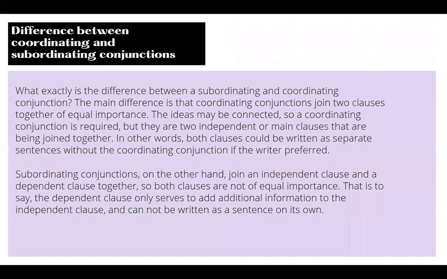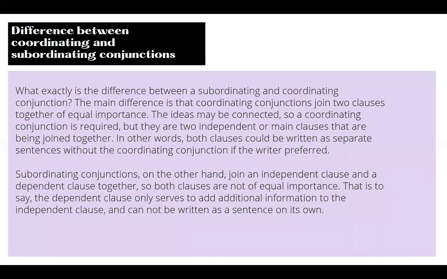And move on to the next slide, which is the difference between coordinating and subordinating conjunctions. What is exactly the difference between subordinating and coordinating conjunctions? The main difference is that coordinating conjunctions join two clauses together of equal importance. The ideas may be connected, so a coordinating conjunction is required, but they are two independent or main clauses that are being joined together.